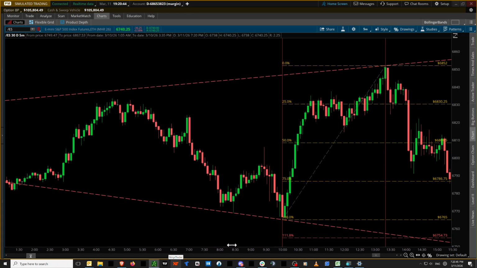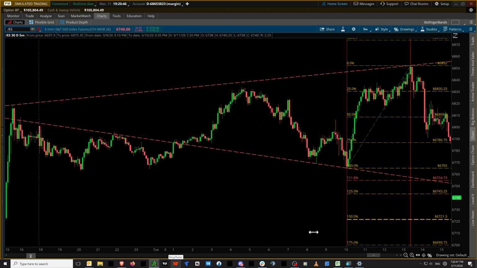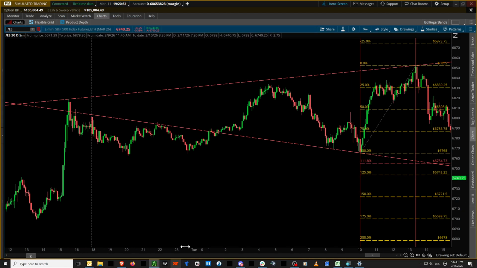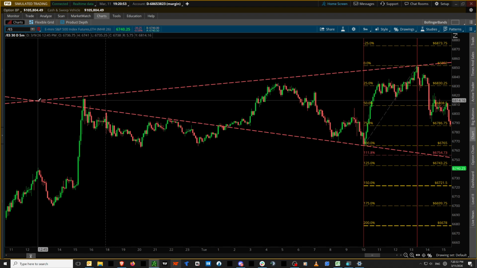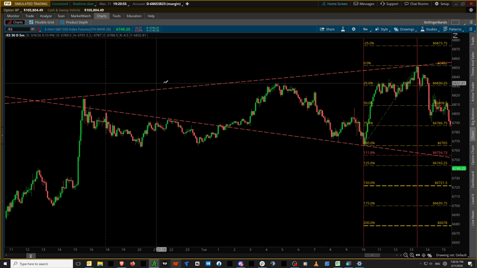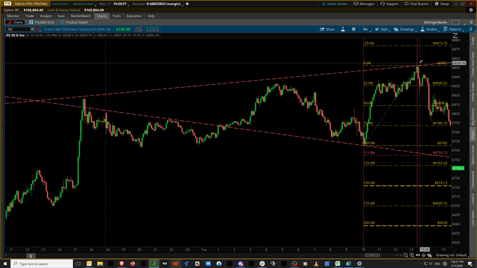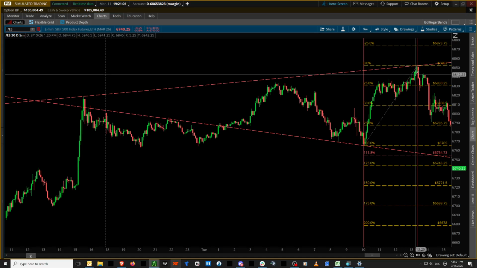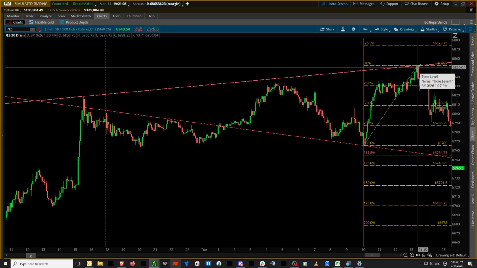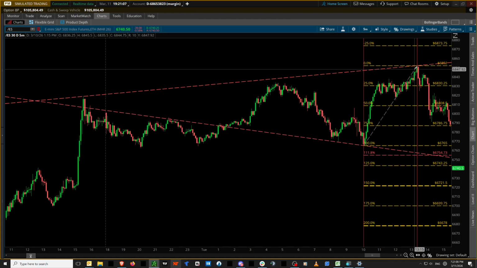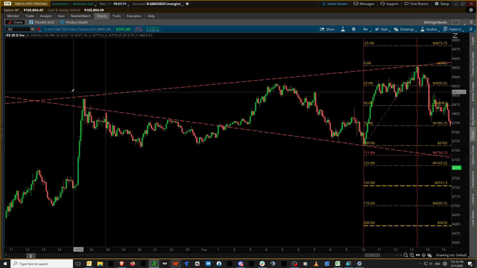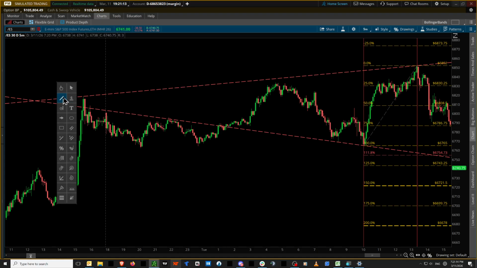Now, let me bring the whole thing in. A little bit more. Here's the vertex. Here, from the lowest low to the highest high, is my Fibonacci tool. Now, let's take a look. We're now going to start drawing some lines.